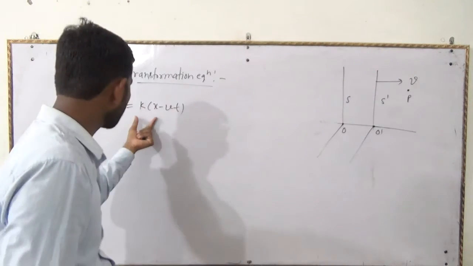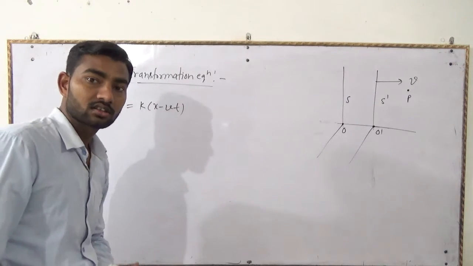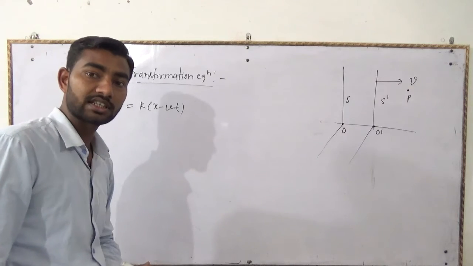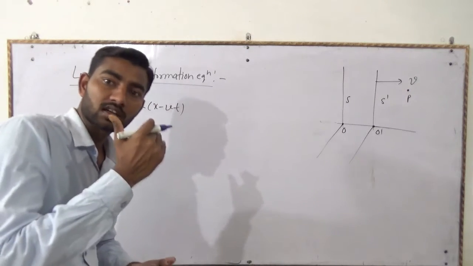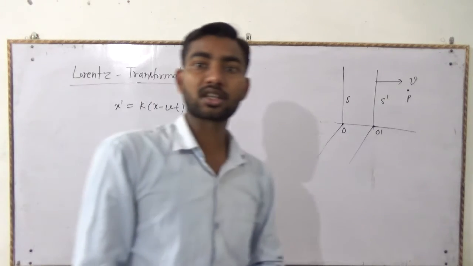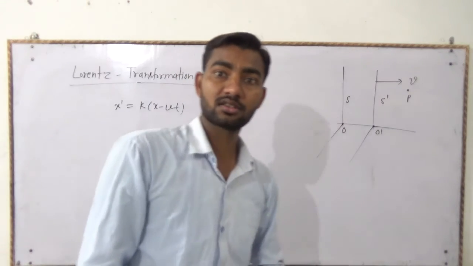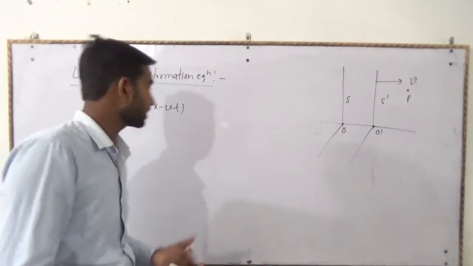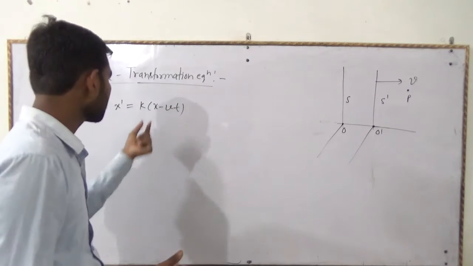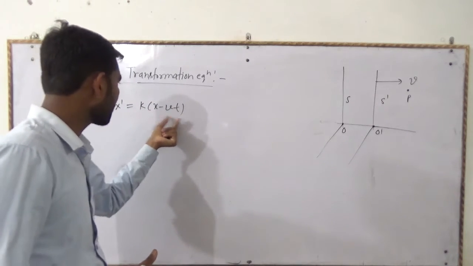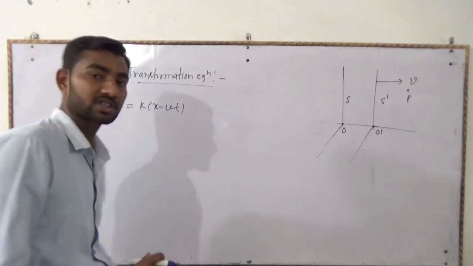So here we have written this equation linearly, and x minus vt we have completely derived in the Galilean transformation equation. We have told you and proved that x dash is equal to x minus vt. Here k is a proportionality constant.